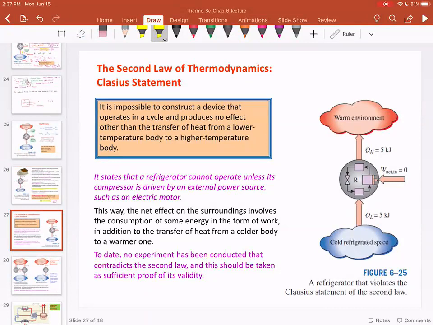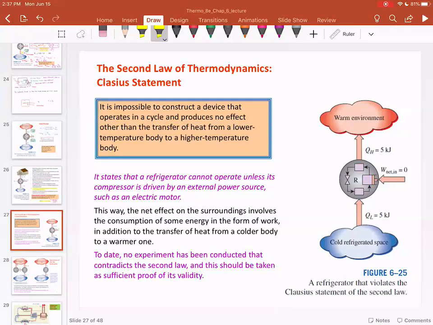In other words, you cannot have a system that will take heat from low temperature and push it onto higher temperature without expending work. That's why you need to spend electrical energy to run the refrigeration system. On the other hand, if you have a heated hot object, it will cool down on its own.